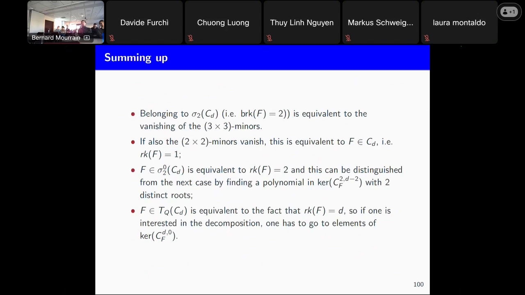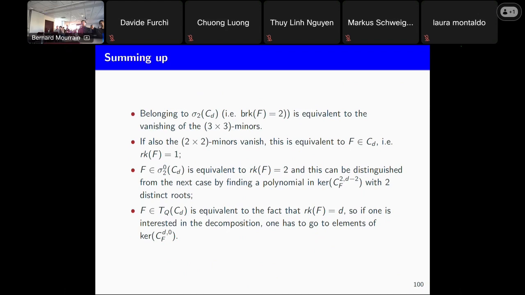For a point belonging to sigma 2 of C^d, I can check it by checking the 3 by 3 minors. And now either it has rank 1, so the 2 by 2 minors vanish. Or if not, then I know it can be either a point on an honest secant line or a point on a tangent line.